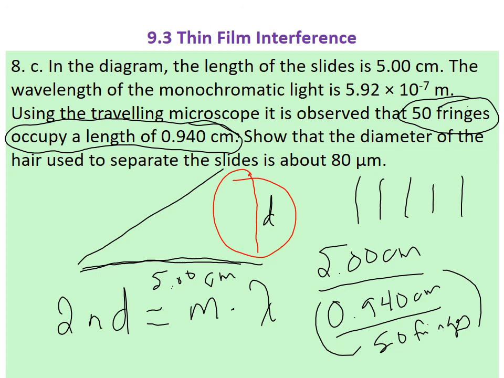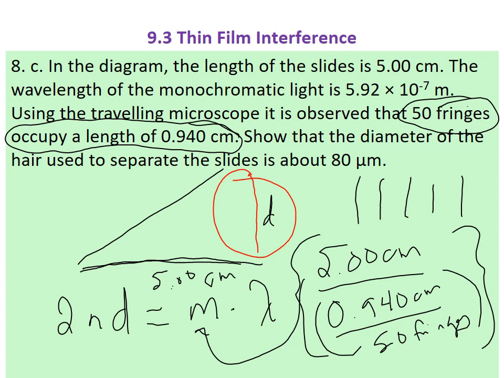So 0.940 centimeters over 50 fringes, you will calculate how many fringes there are. You can do 5 divided by 0.94, multiply that by 50. That then becomes the value for m. Plug this in. This is your m value. It should be around 100 or so, or around 200, and then divide by 2.